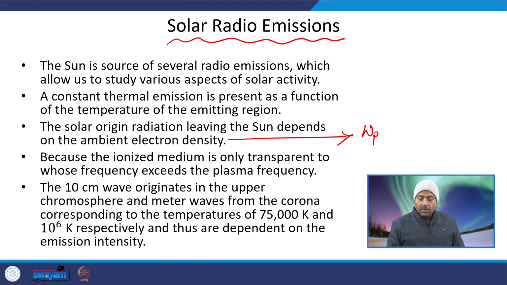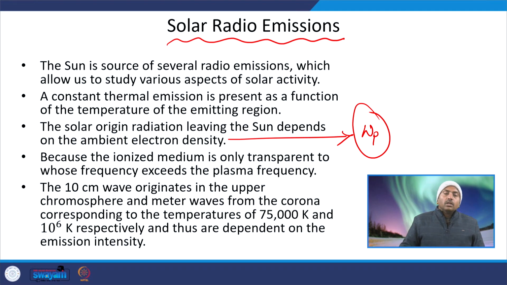But in a neutral gas, it's not like that. The plasma frequency is a threshold frequency above which wave propagation can occur.